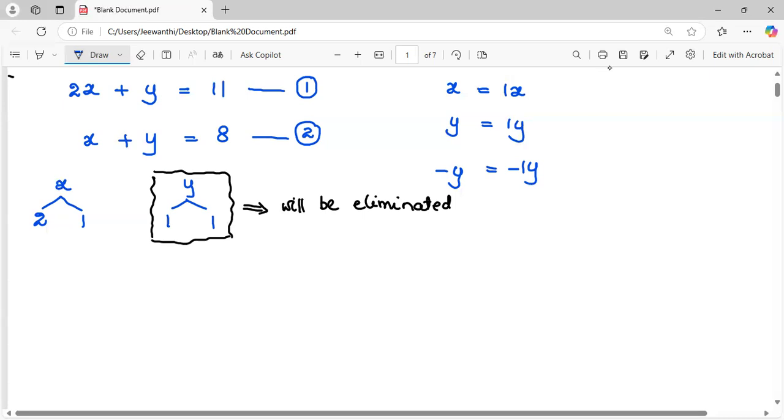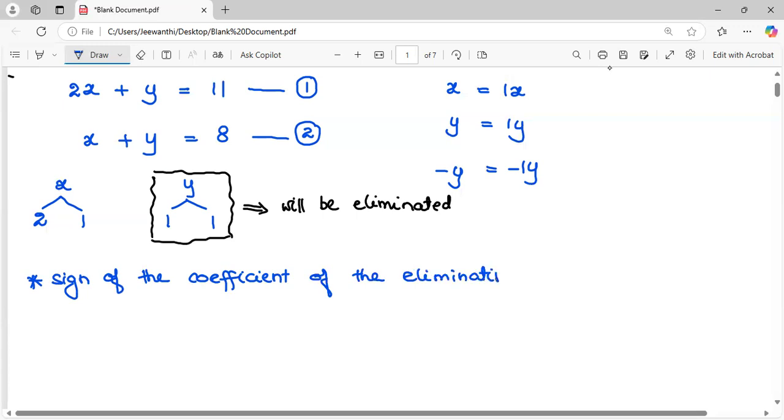The coefficient of the eliminating letter is 1 and 1, and the sign is plus and plus. So next I look at the sign of the coefficient of the eliminating variable, right?